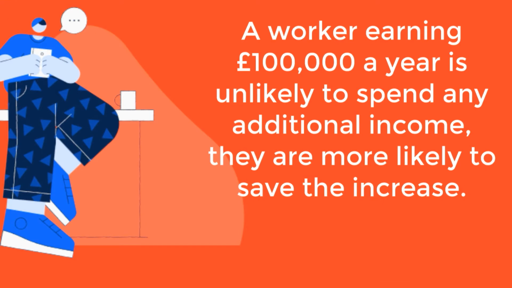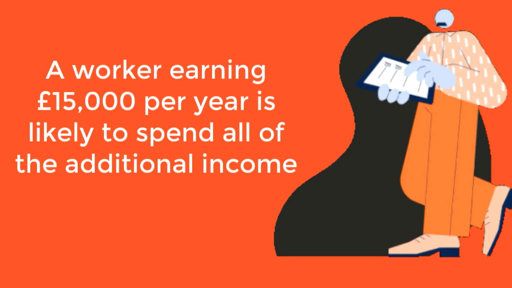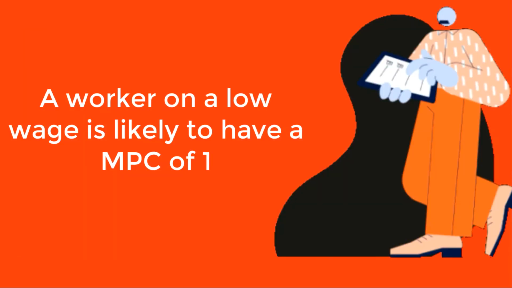For example, a worker earning a high salary is unlikely to spend a large proportion of any additional income they receive, whereas a worker on a low wage is likely to spend all of any additional income that they receive. Therefore, a worker on a high salary is likely to have a marginal propensity to consume of 0.5 and a worker on a low wage to have a marginal propensity to consume of 1.